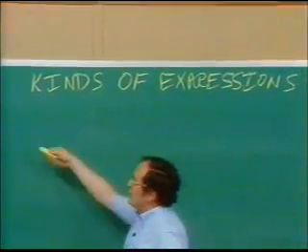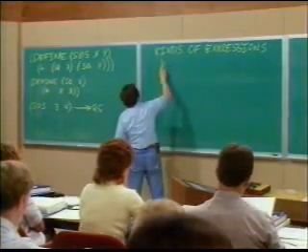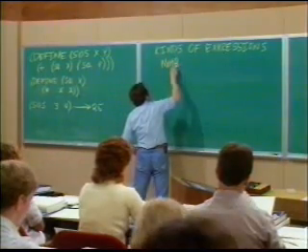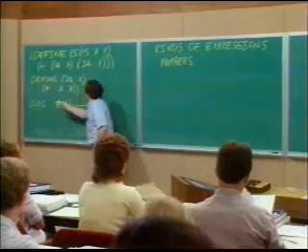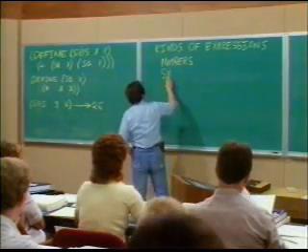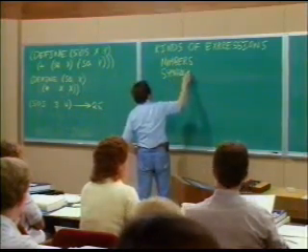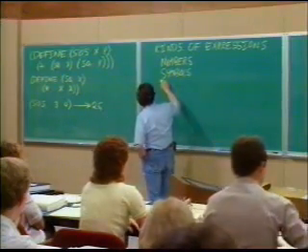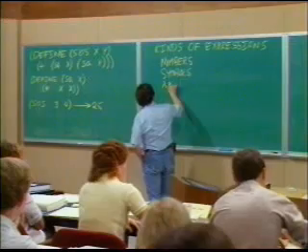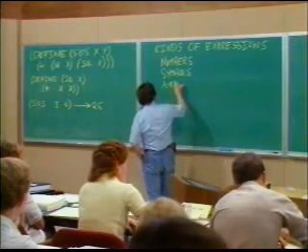And so far, I see things like numbers. I see things like symbols like that. We have seen things before like lambda expressions, but they're not here. I'm going to leave them out. Lambda expressions, we'll worry about them later.